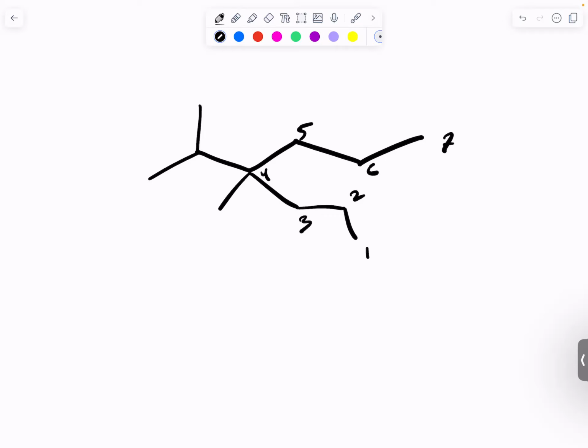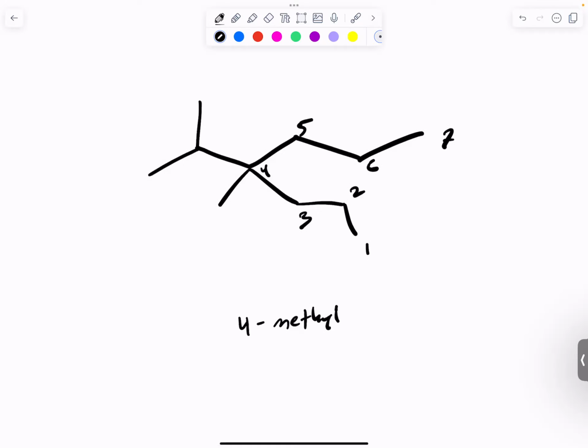So then it would be like 4 dash. When you have a methyl and a methyl ethyl, does the methyl come first? The base name will be alphabetical. So ethyl, the E would come before methyl, for example.